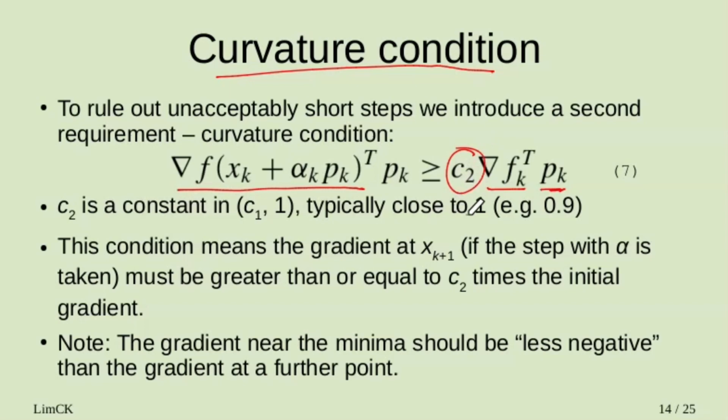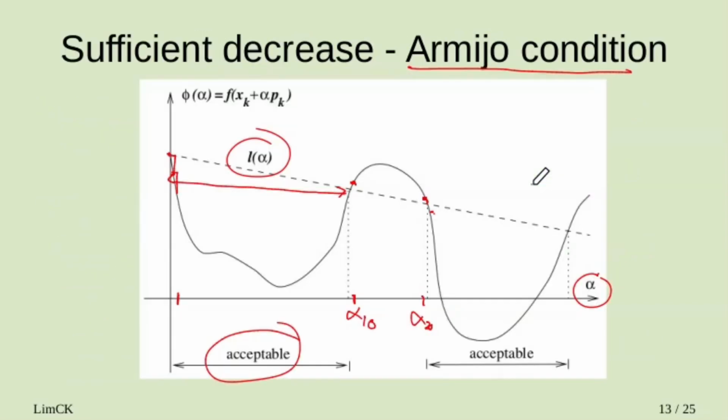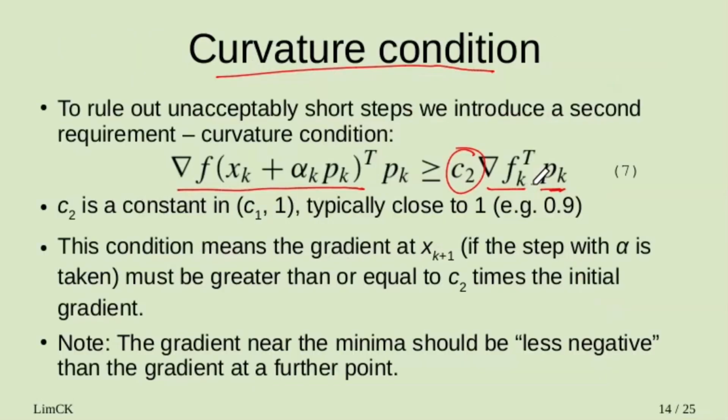C2 should be a value close to 1, but not more than 1, a bit less than 1, to prevent us from taking small steps. Because you see, this is actually a gradient of the function, so it prevents us from taking small steps to reach a gradient which is a bit larger than the function only.